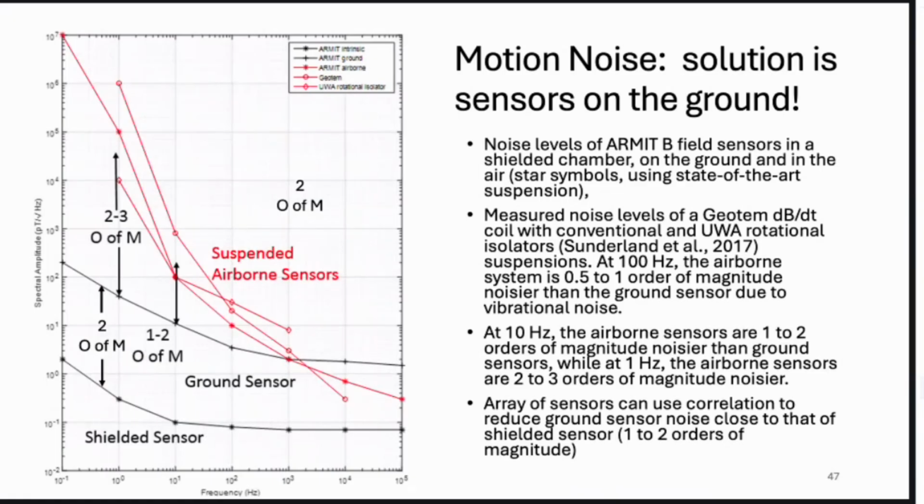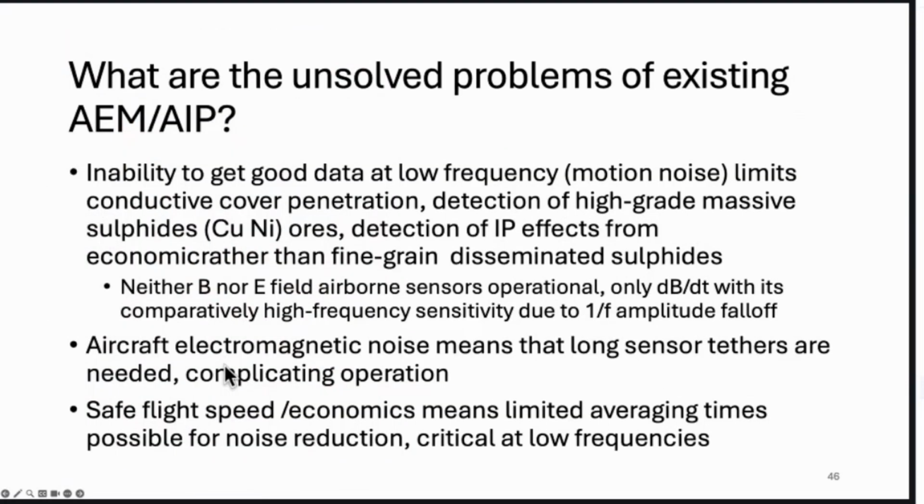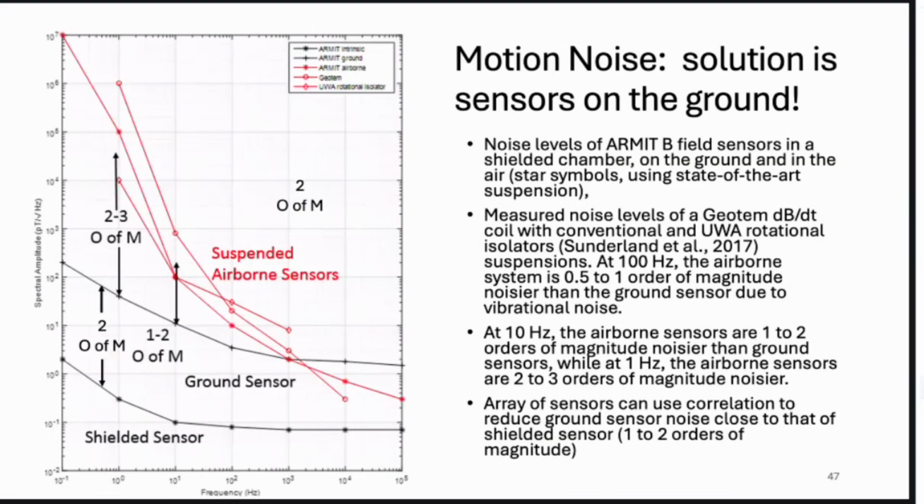So I'm saying the solution to motion rotation noise is put the sensors on the ground. On the left, the noise of sensors in a shielded chamber is very small. If we measure on the ground, it's about 2 orders of magnitude worse, because we've got spherics, cultural noise, etc. Suspended airborne systems, the response is read from 3 different airborne sensors.